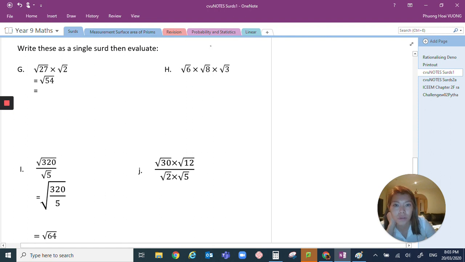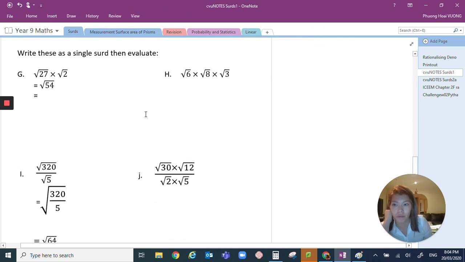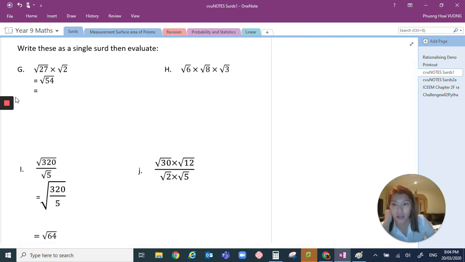Okay, square root of 54. So we have square root of 54 when we join them together. So that becomes 9 times 6. So we have square root of 9 is 3, and you can't do anything to this 6, so we'll leave it like that.